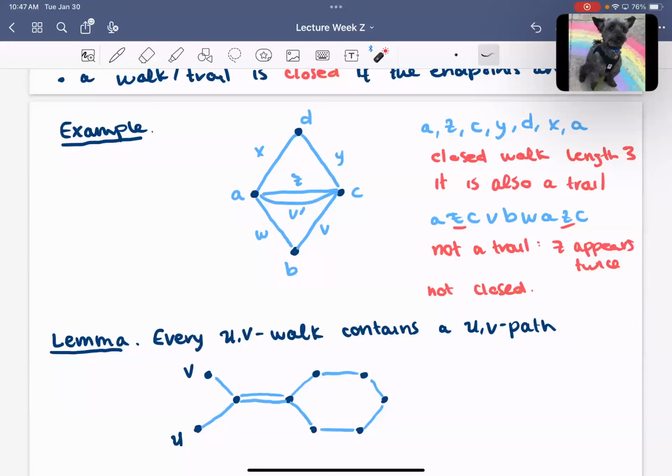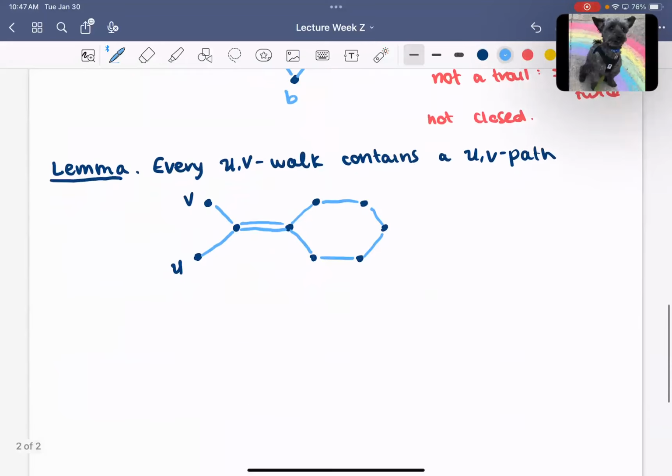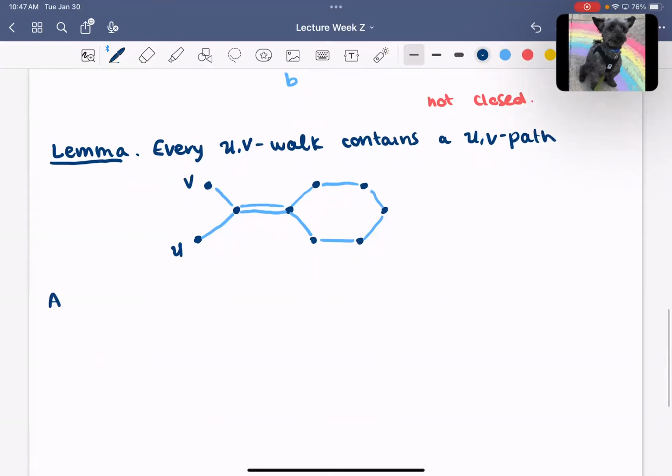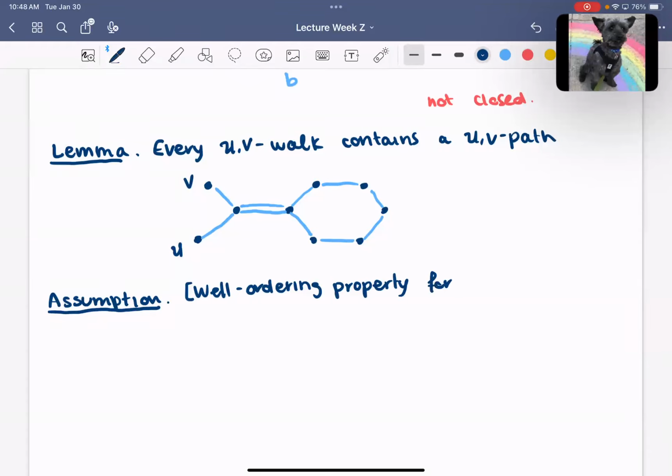So we're gonna make the following assumption, which is fairly simple. It's called the well ordering property for the positive integers.